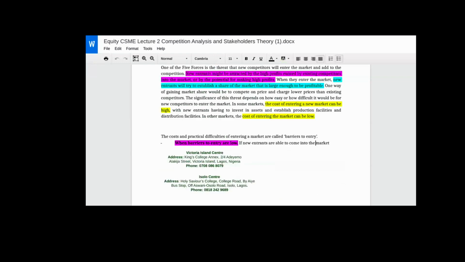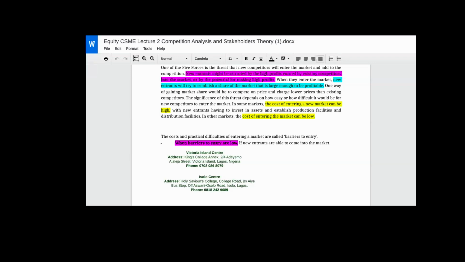So when you look at this discussion, apart from what Porter has said, when you place a high entry barrier, it will discourage them from coming. Looking at the second paragraph, you see that the cost and practical difficulty of entering the market are what cause barriers to entry. So now let's look at some barriers to entry.